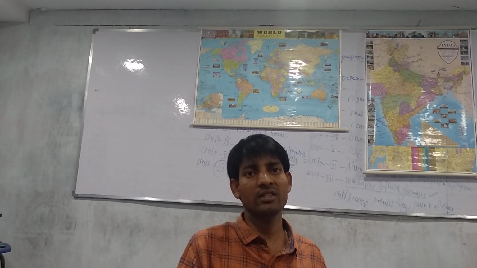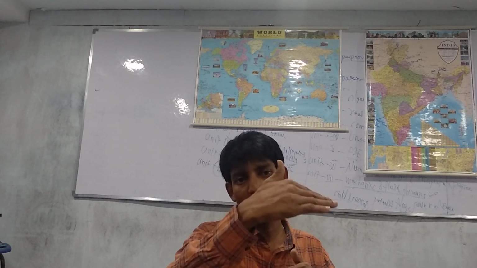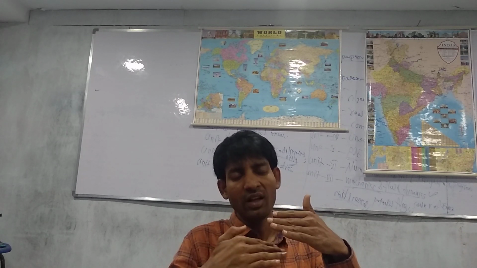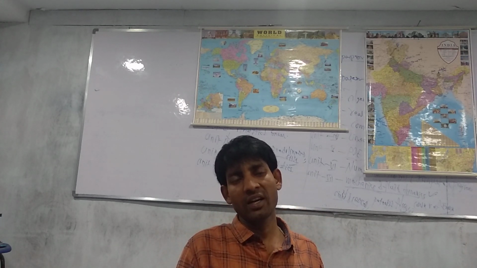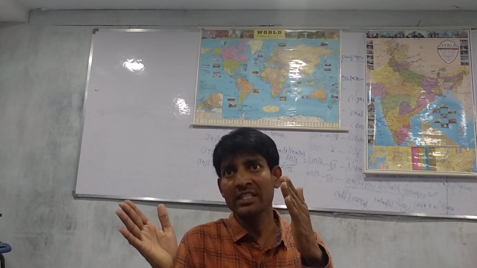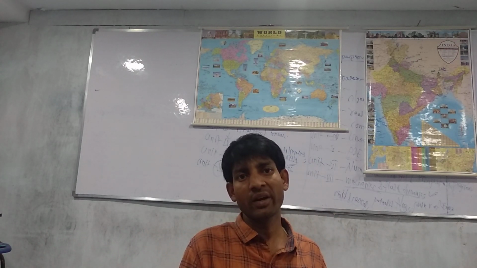Next, the Great Australian Bight is in the southern part of Australia. Okay now. The Tasman Sea is covered between New Zealand and Australia. Okay?